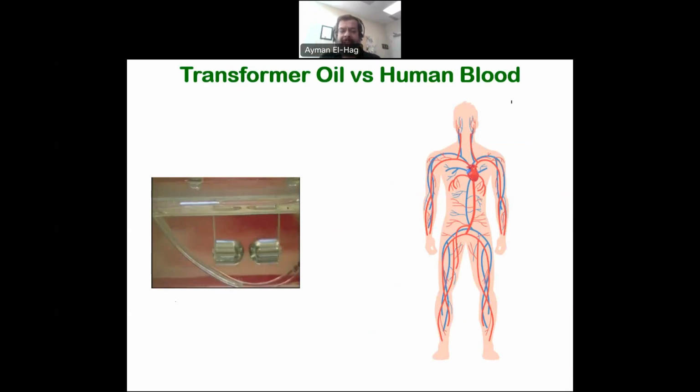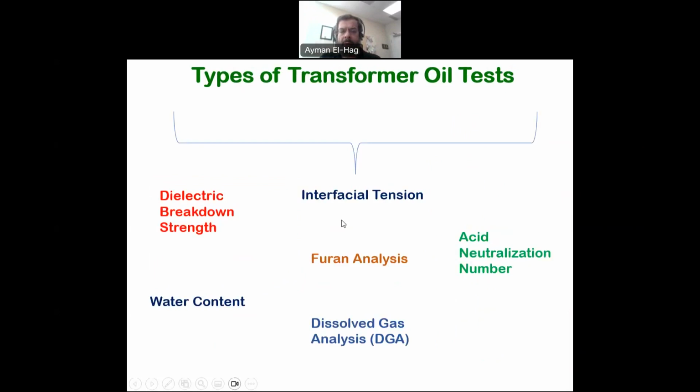Now these are some samples of the tests that we do on the transformer. My intention is not to go into details on each one, but we'll talk very briefly. Maybe in another video I will talk about that in detail. For example, the dielectric breakdown voltage: basically we take a sample. I mentioned earlier that, for a distribution transformer with new oil, the breakdown is 240 kilovolts per centimeter.